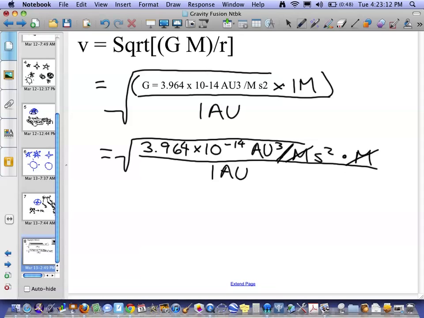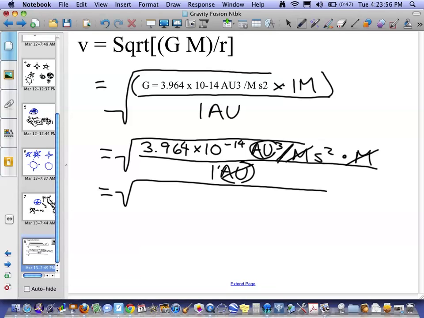So, again, I'm going to write the same answer, equals, and still the square root. This time I'm dividing by 1. As you know, just like multiplying, if you multiply or divide by 1, it ends up being the same number. So what I do have on the bottom that isn't necessarily the same as what's on the top is this AU. Notice that there's the AU here and AU cubed up here. Because AU is on the bottom, and it's represented on the top, I can get rid of it to a certain extent in both places.